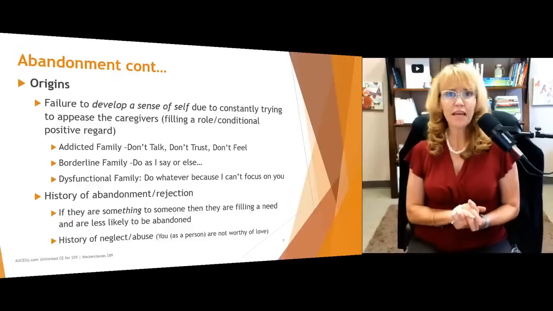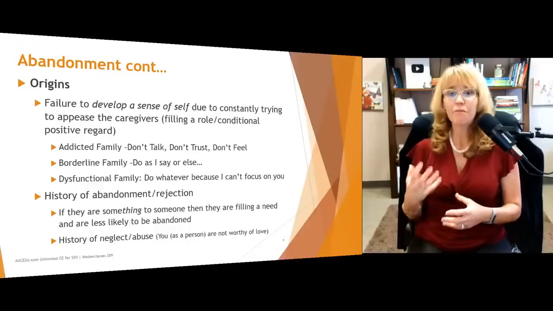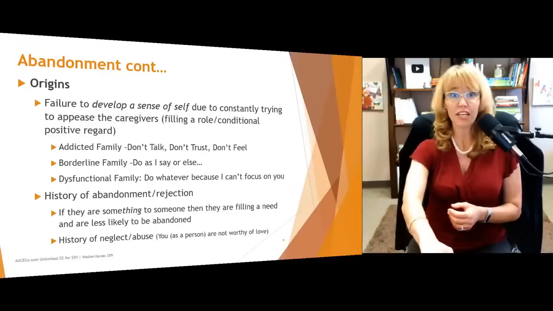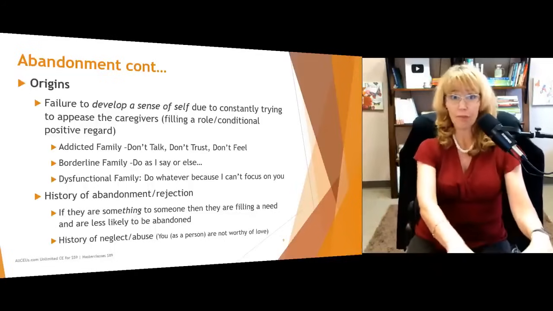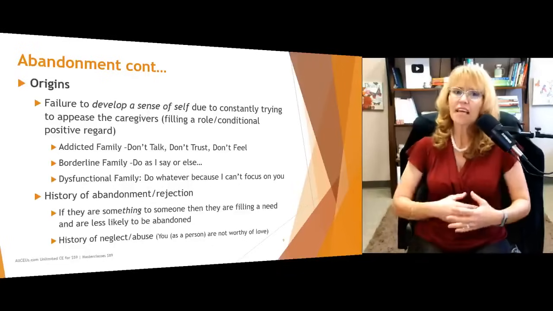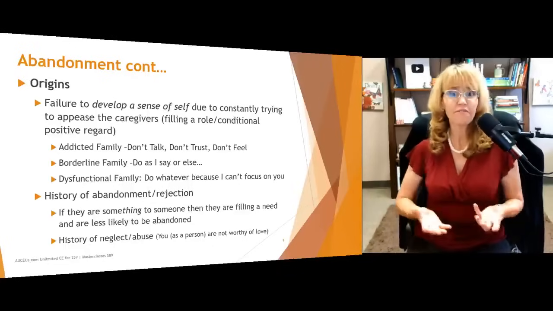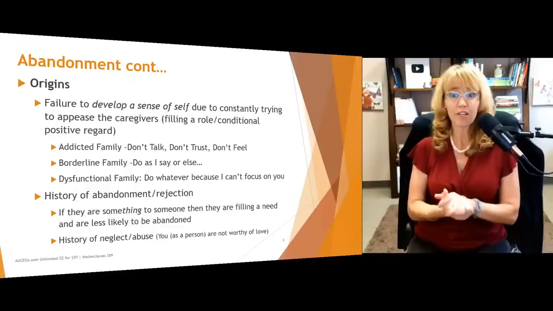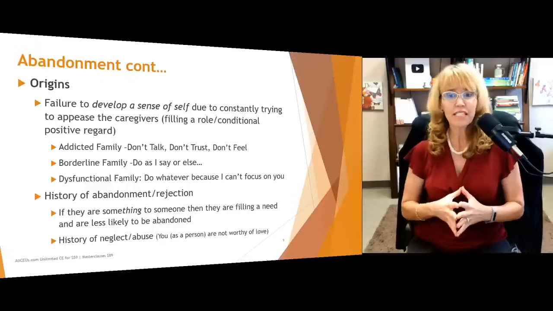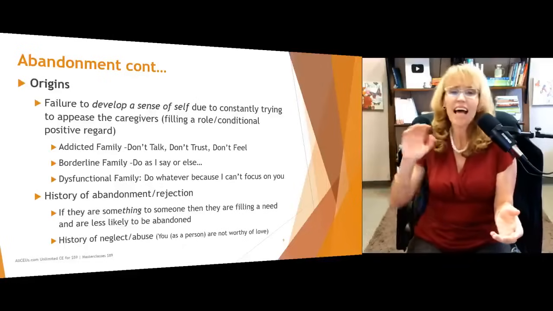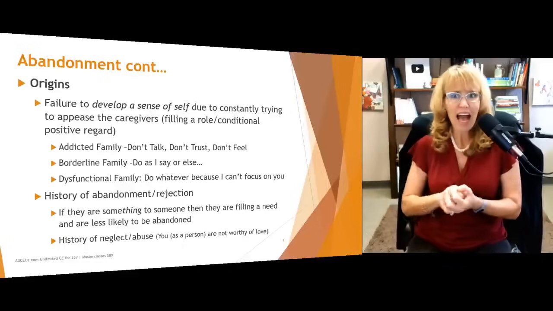If they grew up in a family where somebody had borderline personality, the message was, do as I say or else. Walk on eggshells, because it's either going to be okay or there's going to be hell to pay. If they grew up in some other kind of dysfunctional family where a caregiver had a mental illness, for example, they may have gotten the message, do whatever I say, or just do whatever, because I can't focus on you right now.